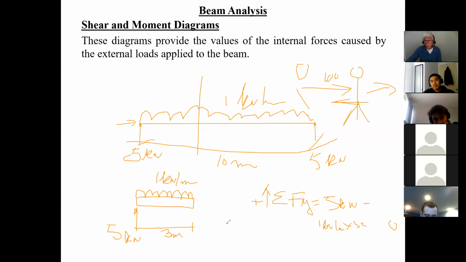For this to be in equilibrium, I need 2 kilonewtons pushing up, right? Everybody agrees? So guess what this force here is? This force here is 2 kilonewtons. And that's the internal shear force that theoretically has to develop in order for this beam to be in equilibrium.